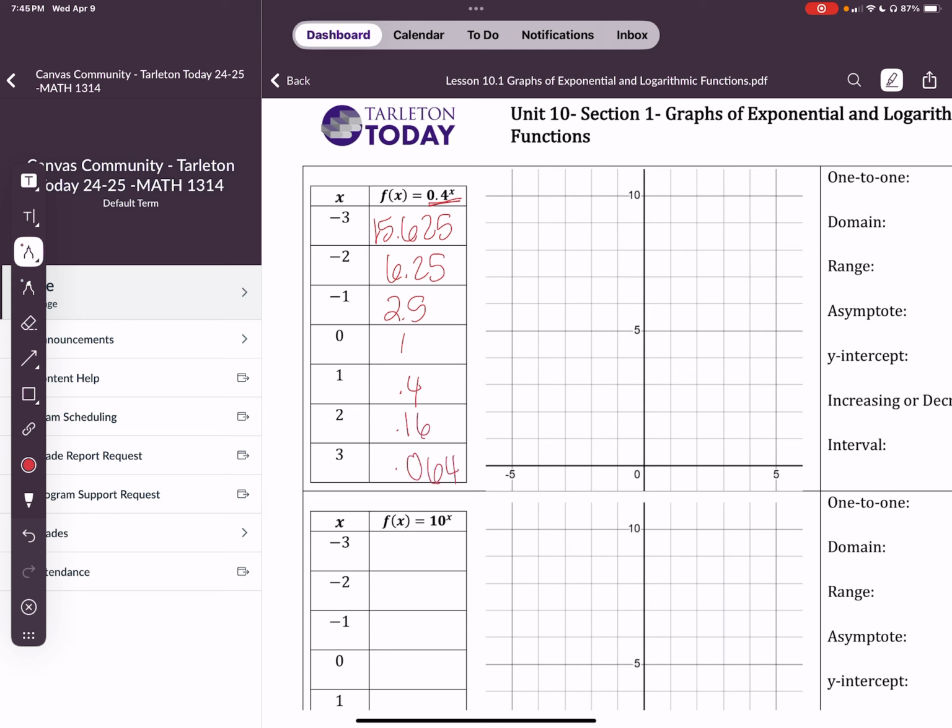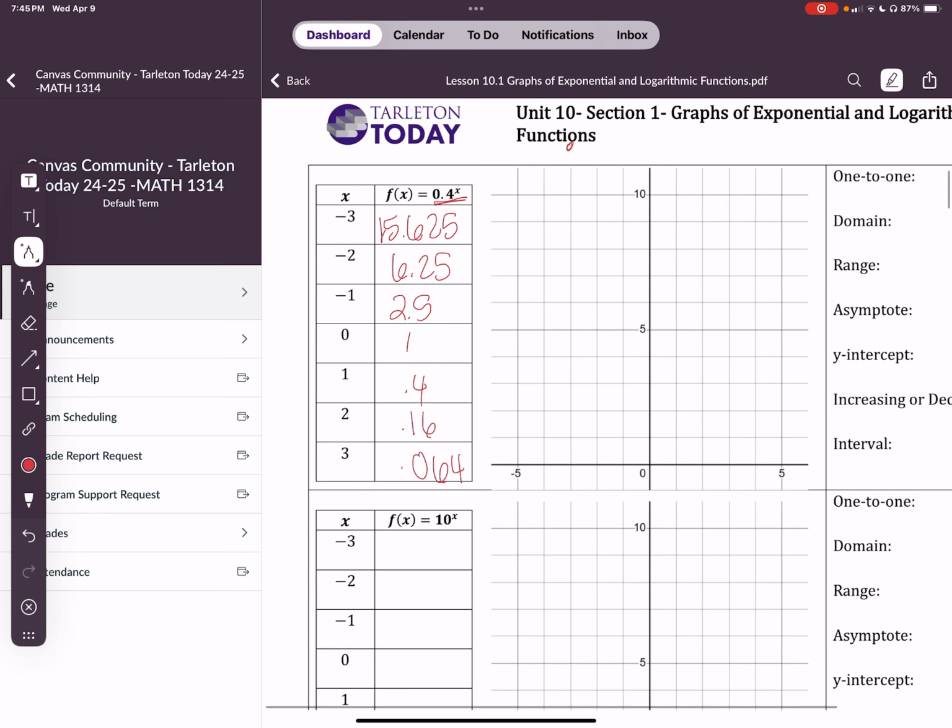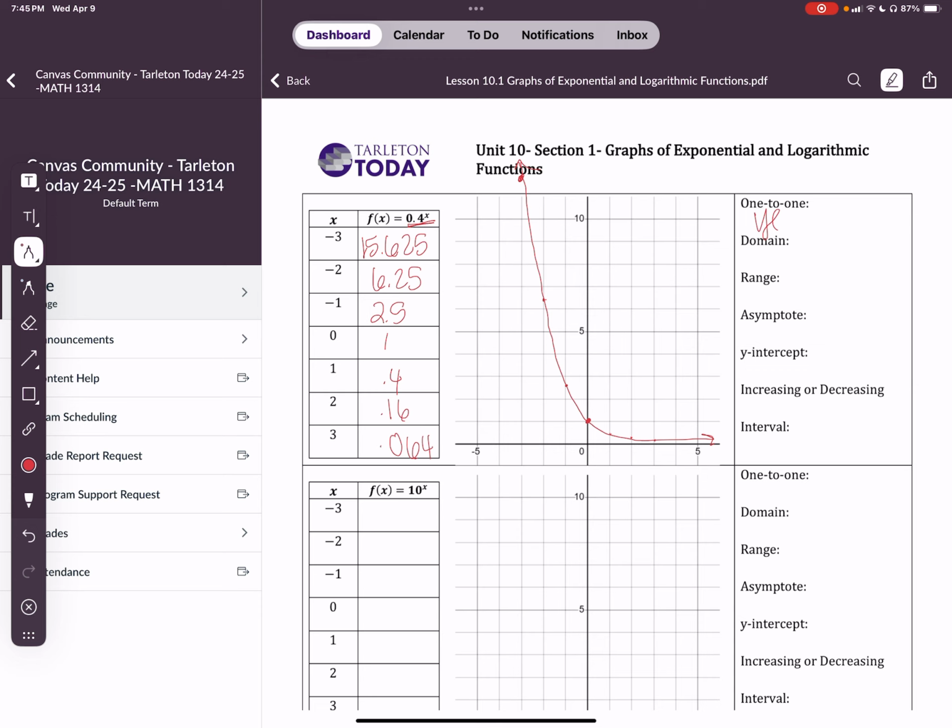Okay, and then graph it. That's going to be way up there. So this graph would be something like this. Okay, and again, it's still one-to-one.